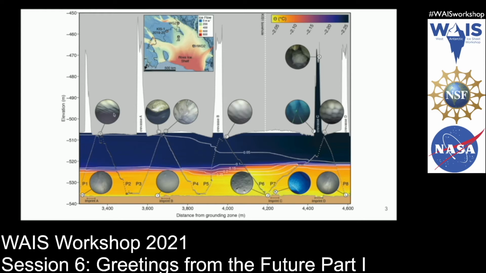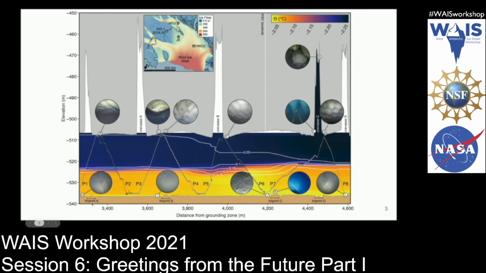And shown here are some really cool visual or sonar images of what the ice looked like. It ranged from ripple formations here to more golf ball like scallops, and then here's some marine ice formation going on.